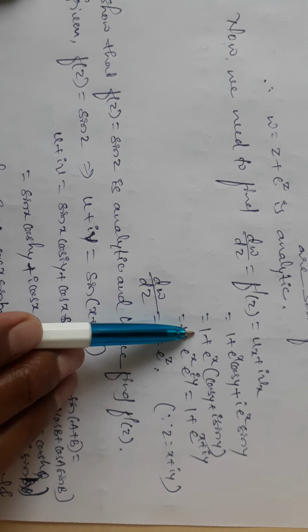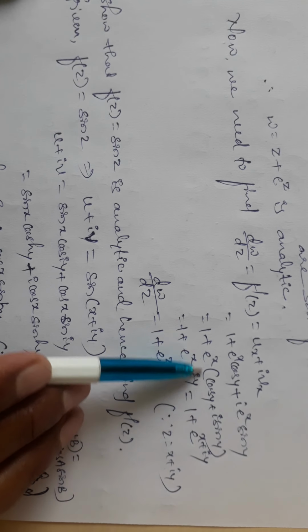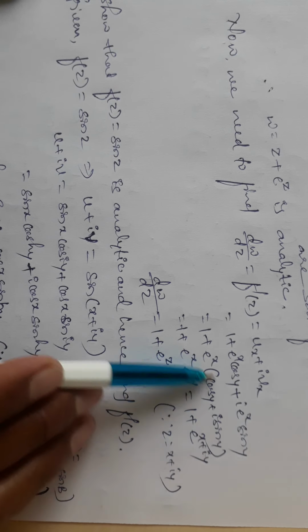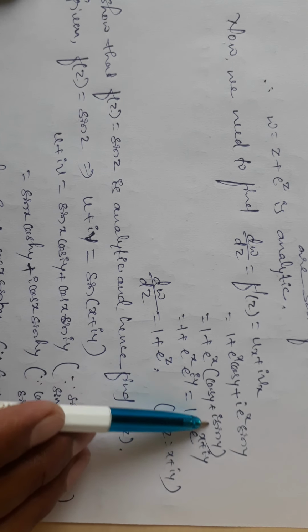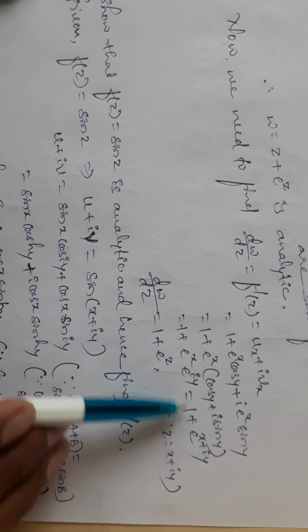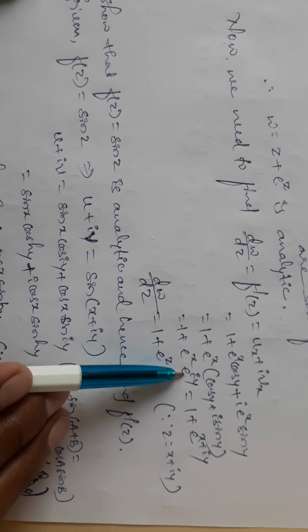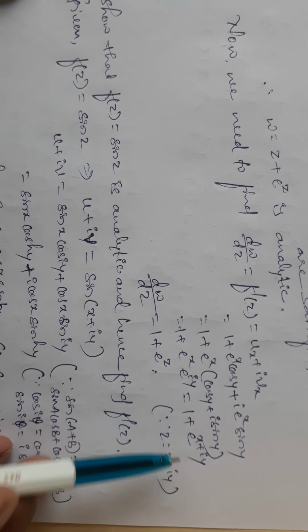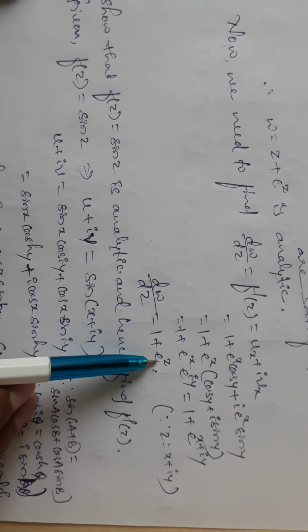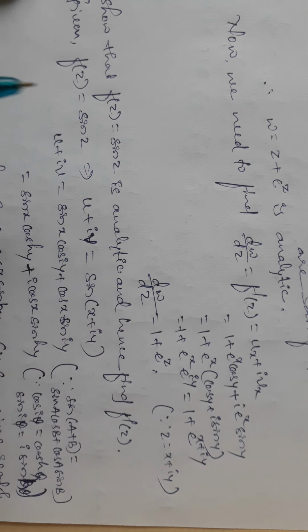Then 1 plus, taking e to the power x common, e to the power x into cos y plus i sin y, and cos y plus i sin y is e to the power iy. Again by the theory of indices we can write 1 plus e to the power x plus iy, but we know that x plus iy is z, therefore 1 plus e to the power z. This is the differentiation of f of z.